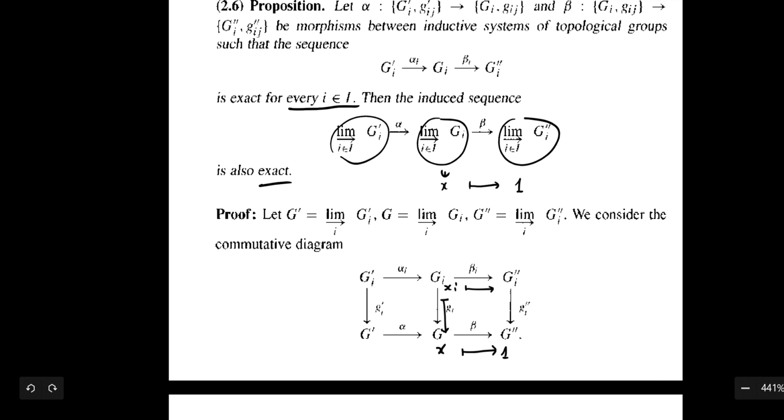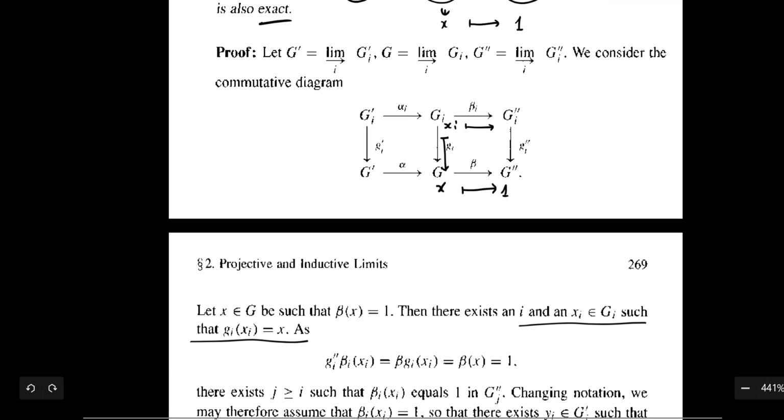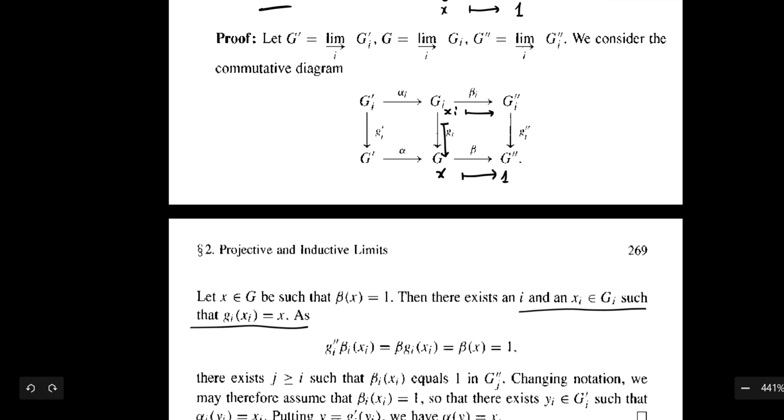In particular, there exists an I and xi in Gi such that, yes, this is the definition of x. X by definition is xi. We have the morphism here.